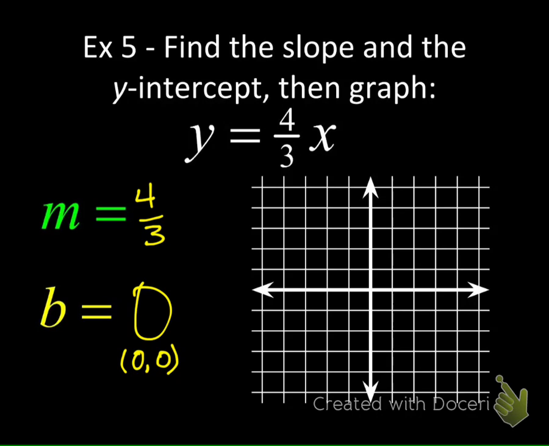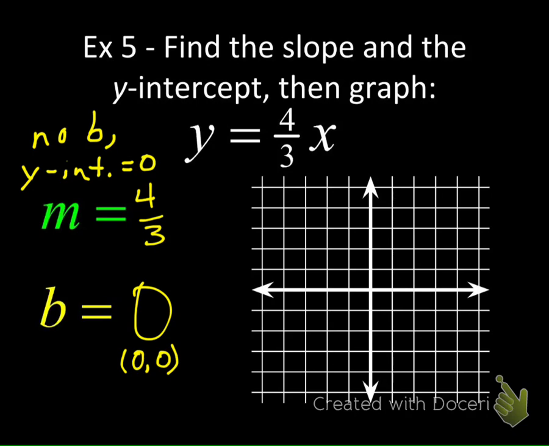And above your example 5, I want you to write when there's no b, the y-intercept equals 0. Go ahead and write that in for yourself, because there's no value there.